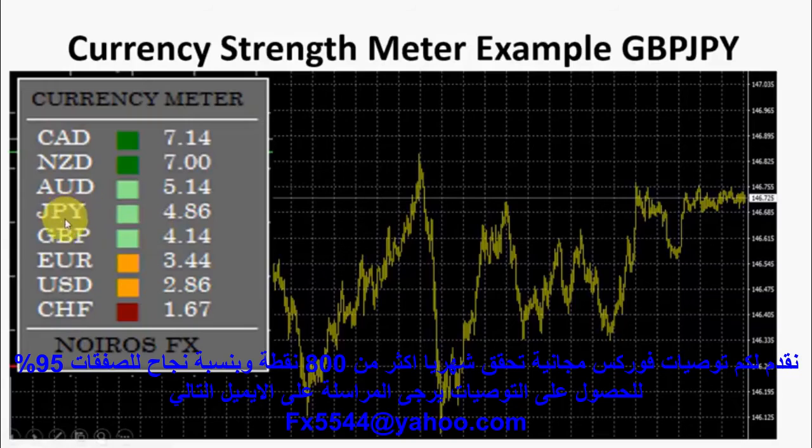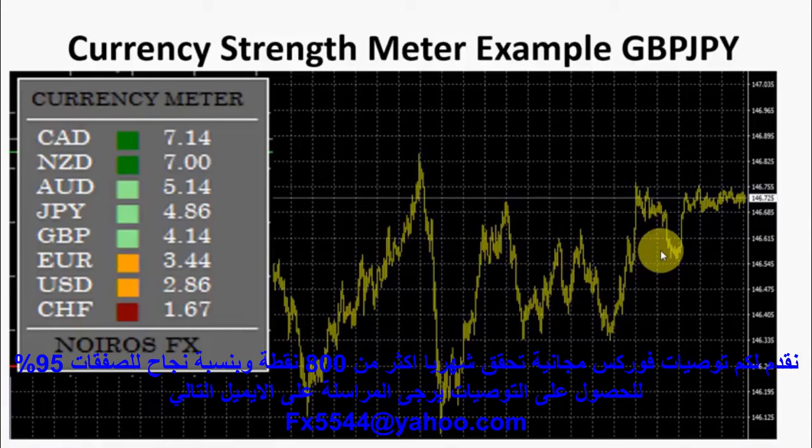None of these two will go against the other one in a big way, except if this meter has changed. So I keep watching this meter to make sure the relationship is still very close. So I'll pick bottom, top, bottom, top. I'll do that all day long. I got about 5 or 6 trades here that are going to give me profit.